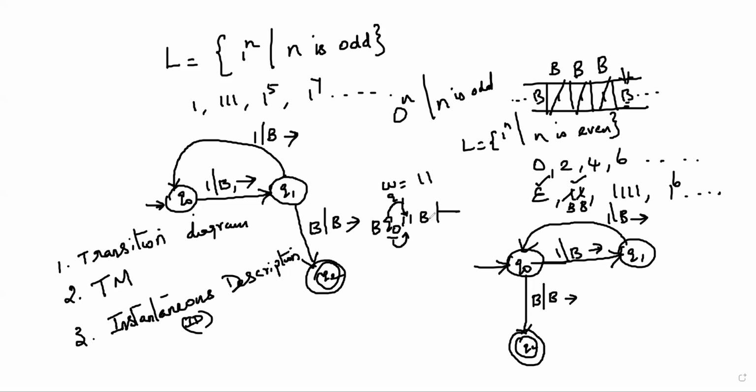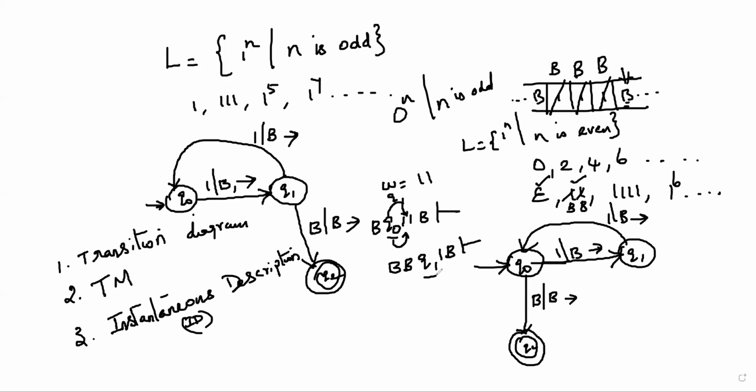The blank that is already there, I'll write it here. Then this 1 is changed to blank, so I'll write one more blank. Then Q0 is changed to Q1, so I can write this Q. What is the balance symbol we have? One blank space.